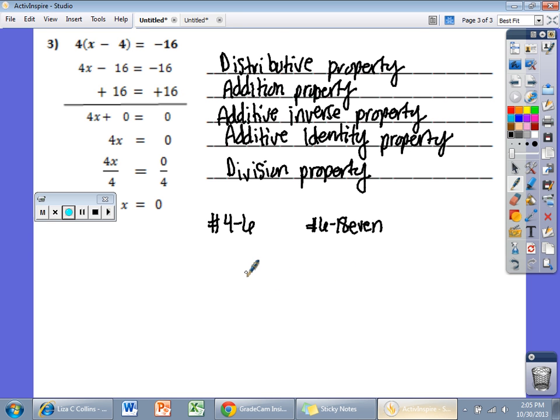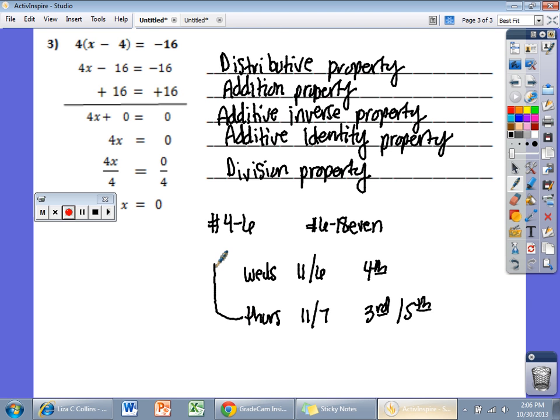Both of these are due on Wednesday, November 6th, if I have you in 4th block, and then it's Thursday, the 7th, if I have you in 3rd or 5th. If you have any questions, please see me in CAV morning.